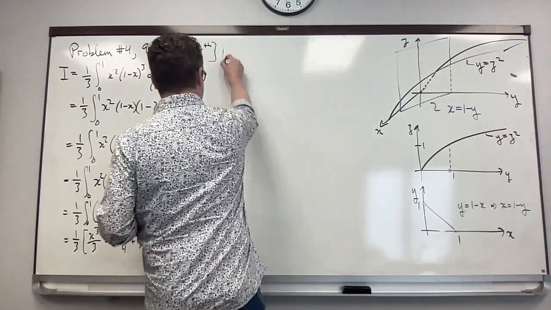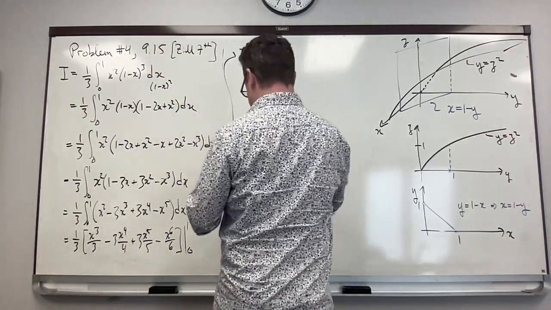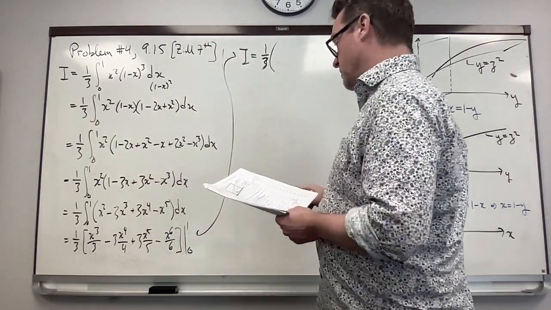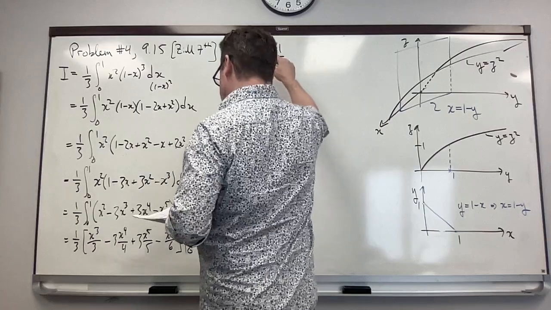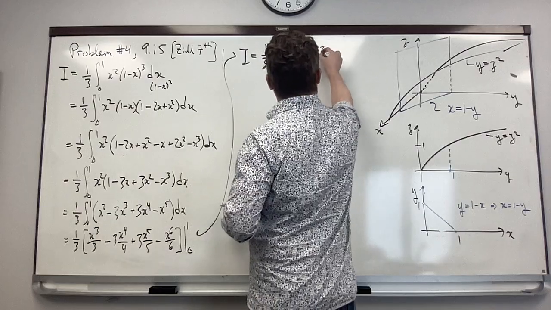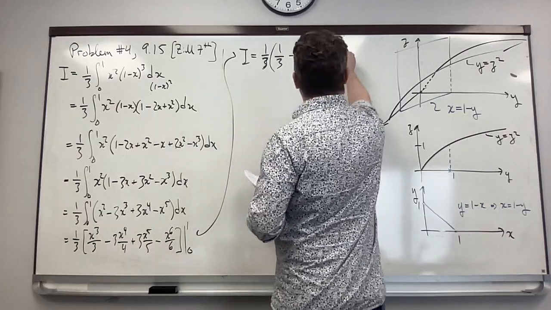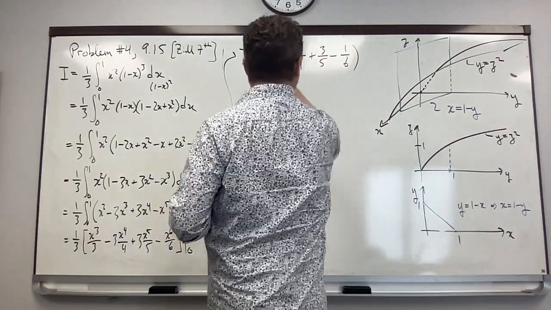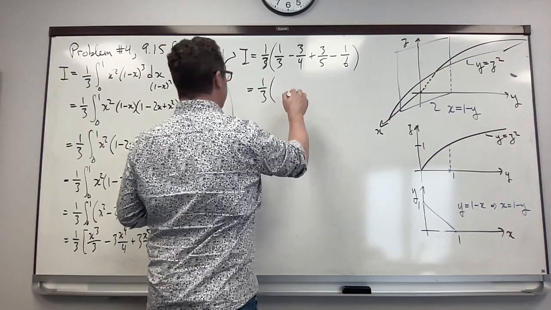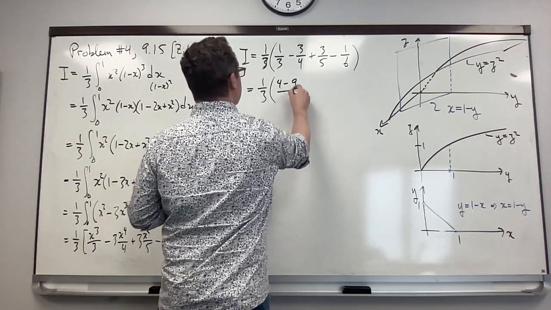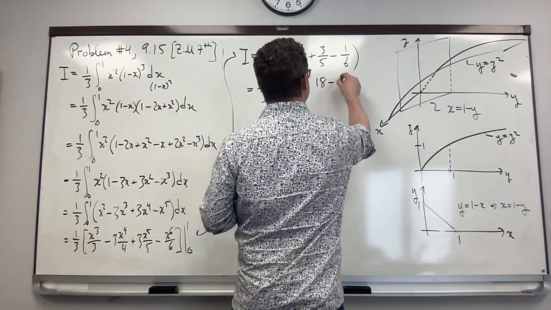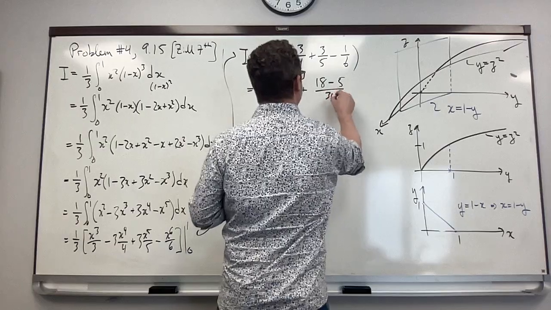Back up here, I equals 1/3, then we have 1 over 3 minus 3 over 4 plus 3 over 5 minus 1 over 6. So then we would have 1 over 3, this is 12, so 4 minus 9 over 12 plus 18 minus 5 over 30.